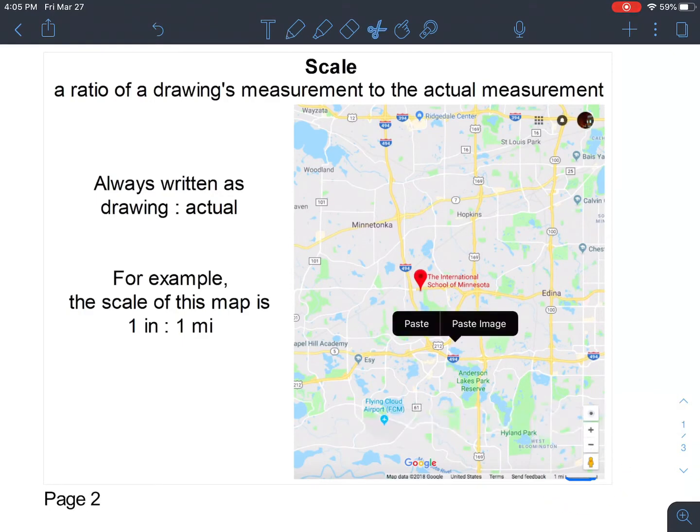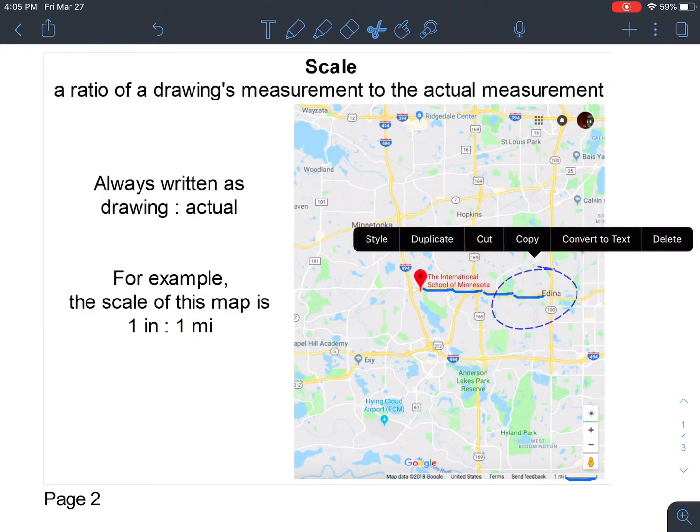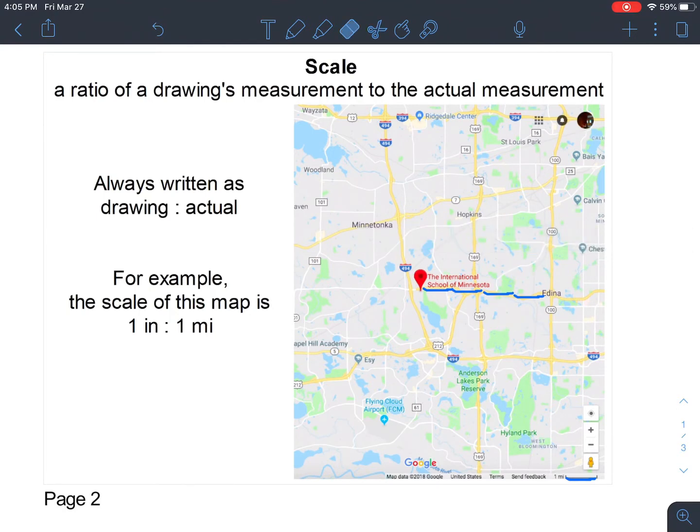We could copy it, and then paste, and use that to figure out some distances. For example, sometimes when I go from school to home, I need to take Highway 100. So it's about 4 miles from the school to Highway 100.